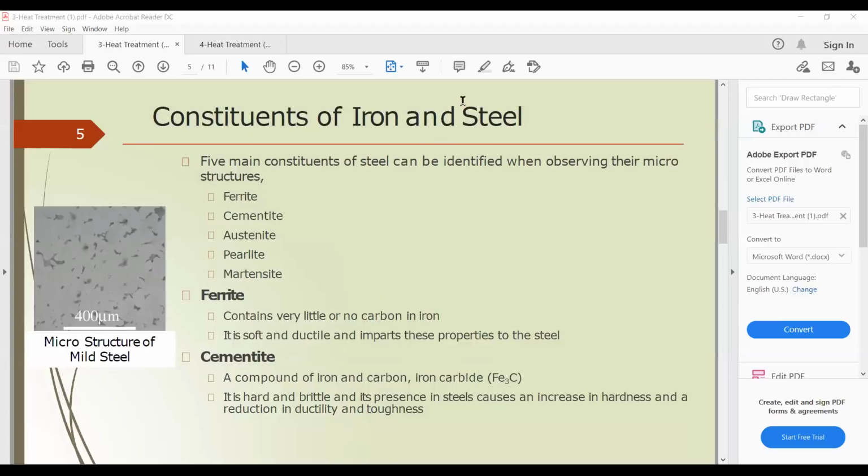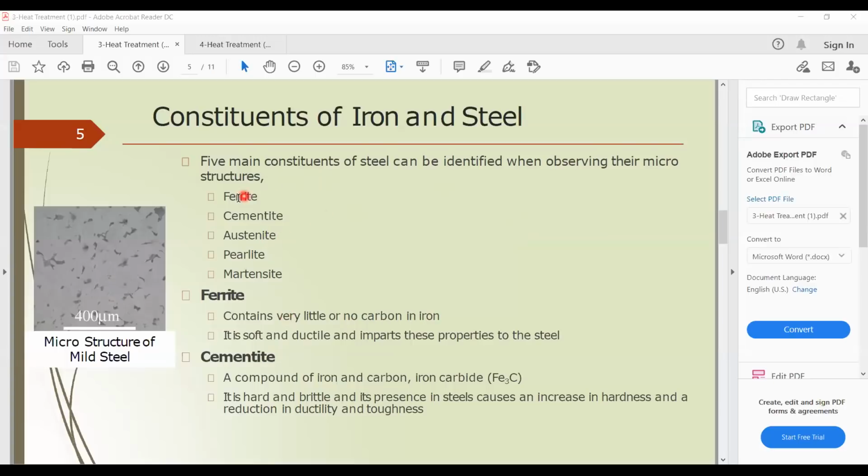This is the important part of the heat treatment process, right? The constitution of iron and steel. When you observe the microstructure of steel using any spectroscopy, you can identify or classify that steel into 5 classifications.